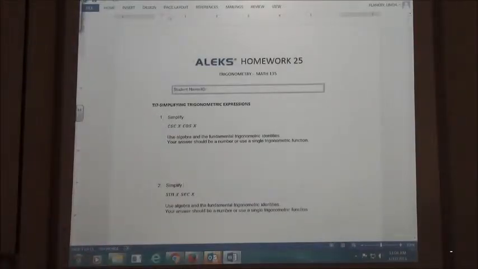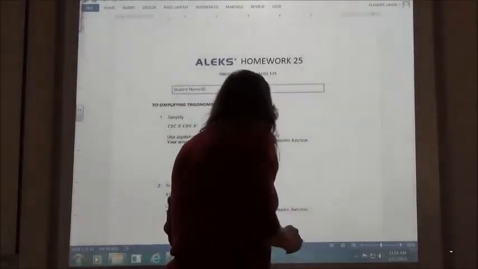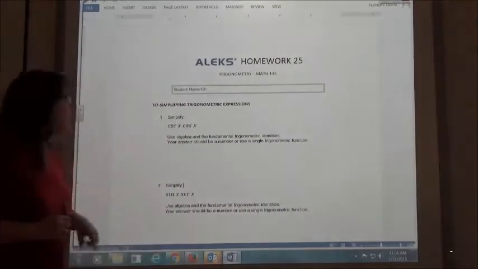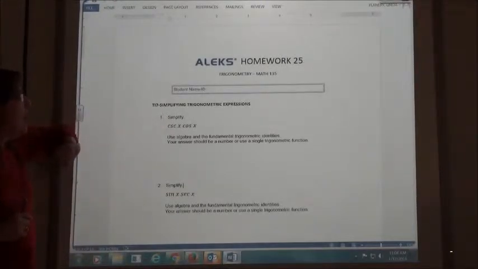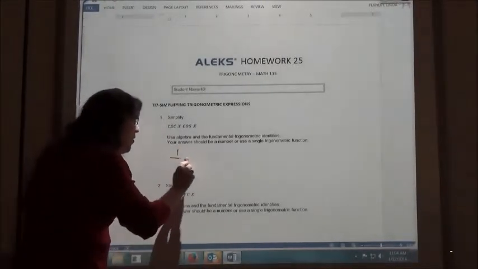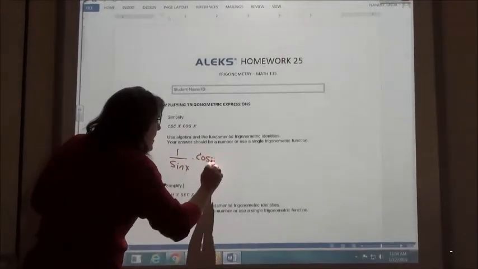It says I'm going to take the cosecant of x times cosine of x, and I want to rewrite that into one expression. The cosecant of x is the reciprocal of the sine, so I can make that 1 over the sine of x times the cosine of x.